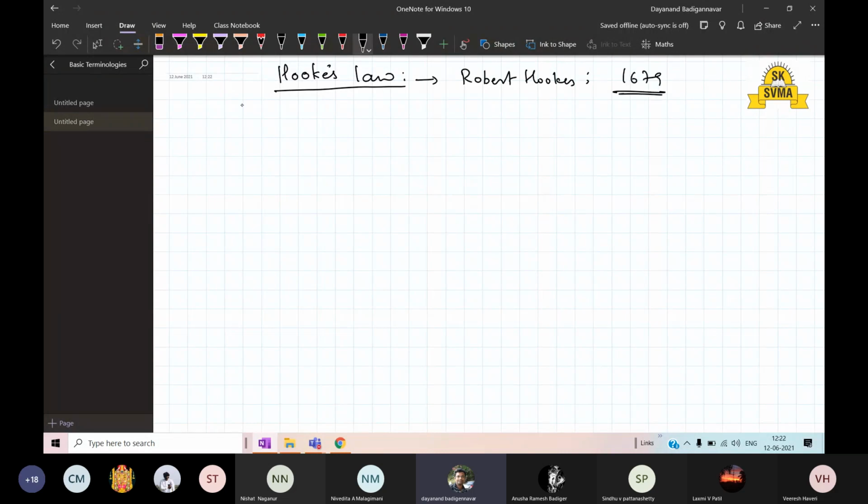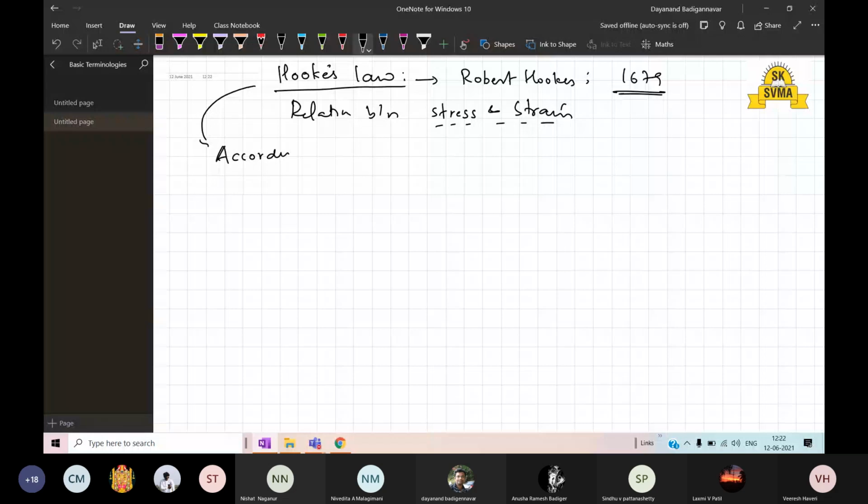This gives you the relation between stress and strain. So according to Hooke's law, what does this law state?